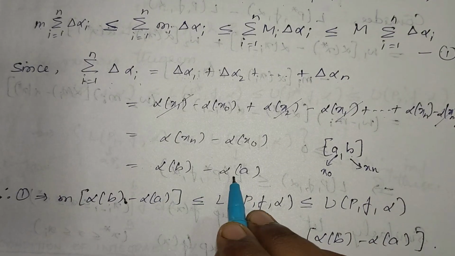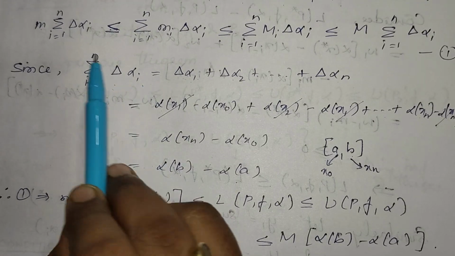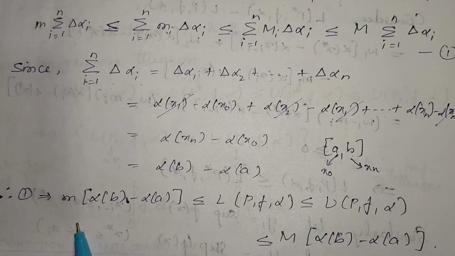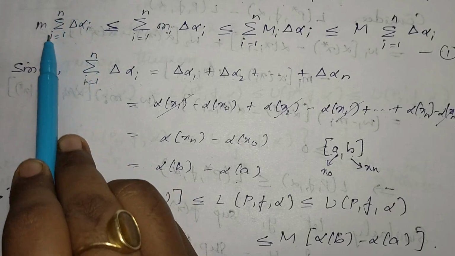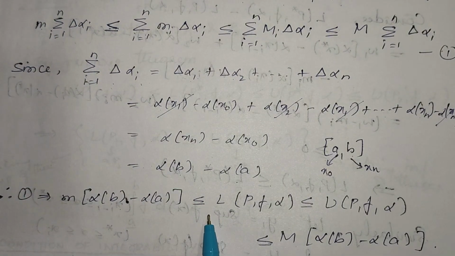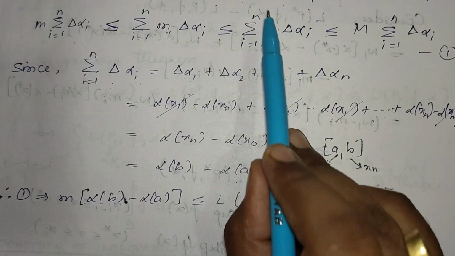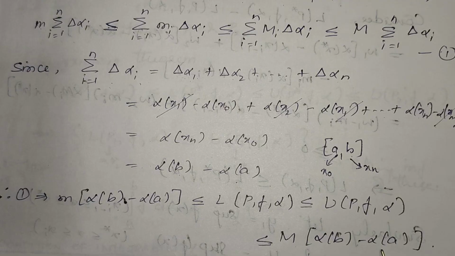So I am using this value of summation i equal to 1 to n delta alpha i here in this equation 1. So finally I will have m into alpha b minus alpha a less than or equal to lower sum, less than or equal to upper sum, and that is less than or equal to capital M into alpha b minus alpha a.